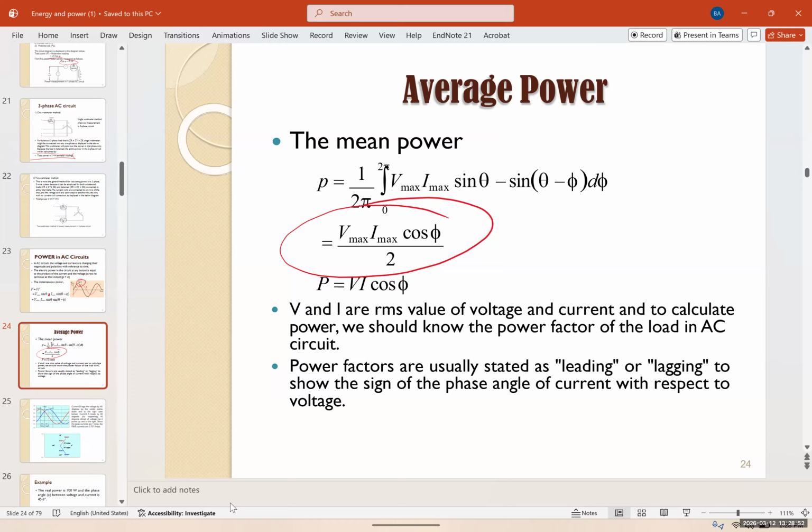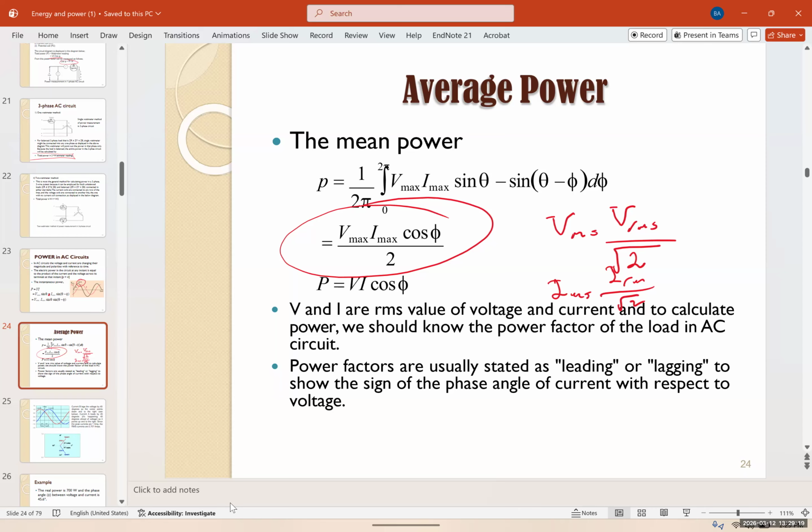Why? Because V max I max, what is Vm equal to in relation to VRMS? Am I correct? Yes. And what is Im? It's going to be IRMS over square root of 2. Yes.